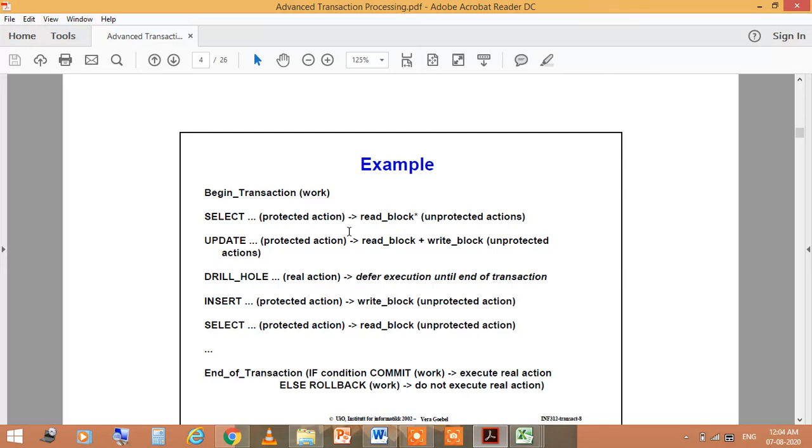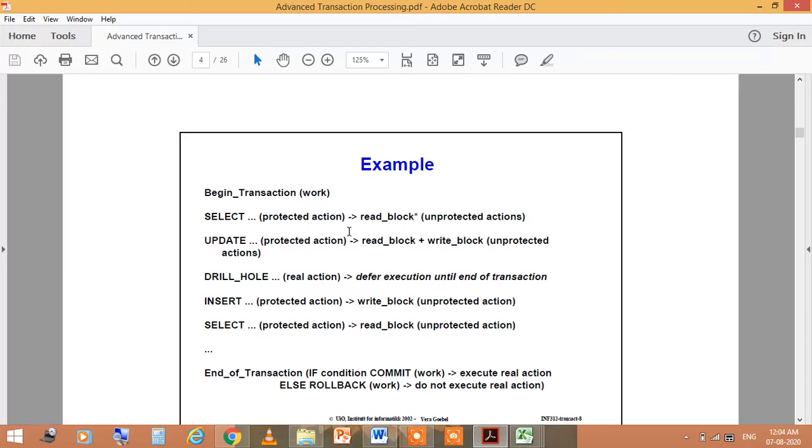So you can see the difference between select and update. Before that, you just update, the query starts, which comes under the protection action, right?